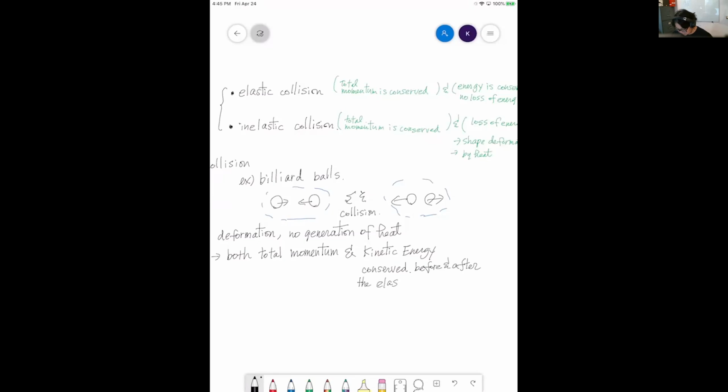Elastic. Total momentum and kinetic energy, both conserved. So that's called elastic collision.